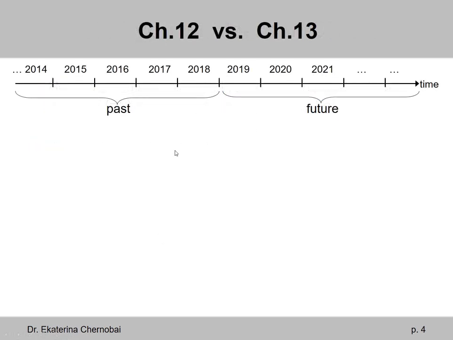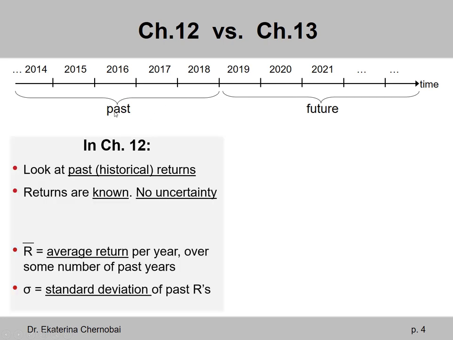So first, let's compare this chapter with the chapter we did before this one, chapters 12 and 13. In chapter 12, we were basically looking at historical data. So we were talking about the past. We looked at historical returns, which were all known, so there was no such thing as uncertainty about what may happen, because it already happened.